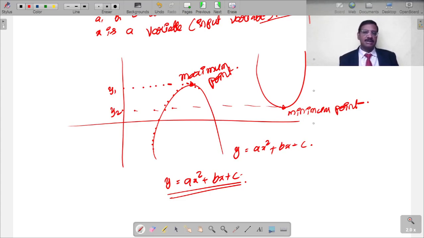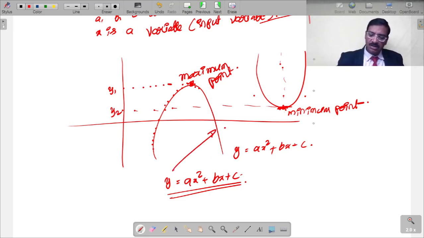On both the left side and the right side, the functional value is lesser than the highest point here. And in this particular shape, if you take the midpoint, either to the left side or to the right side the value will always be greater than this bottommost value, and this is called a minimum value. So this graph is either of this format or of this format.